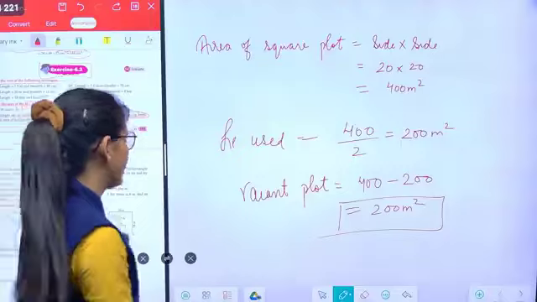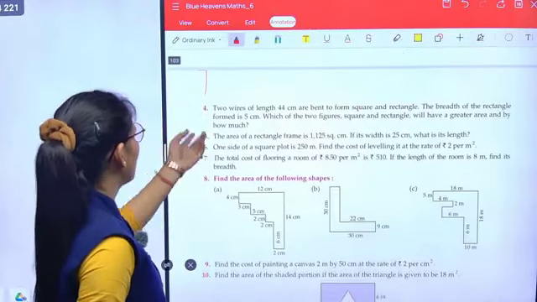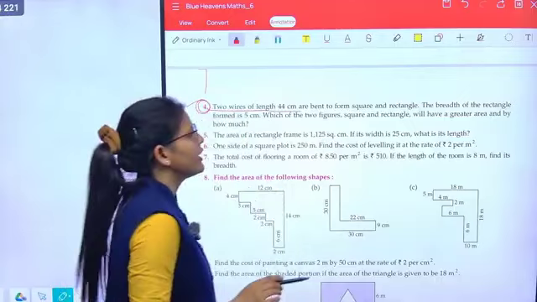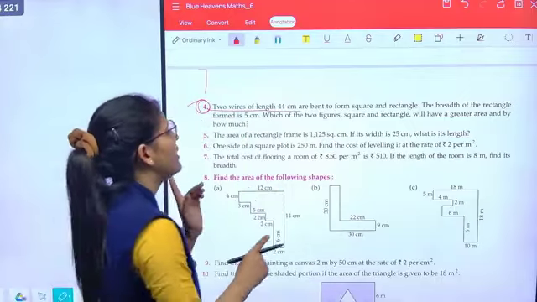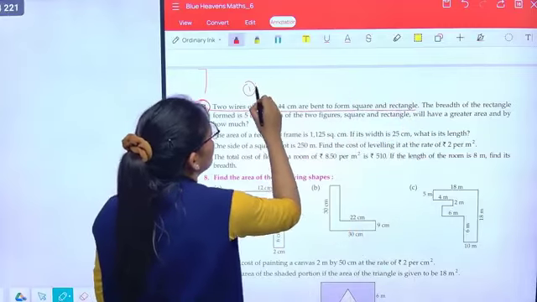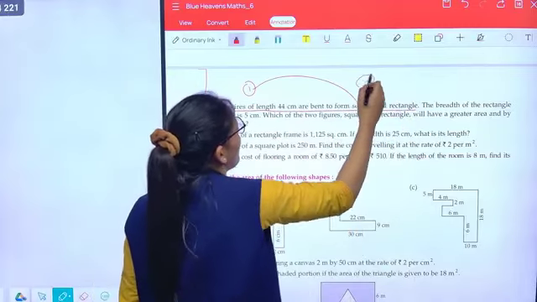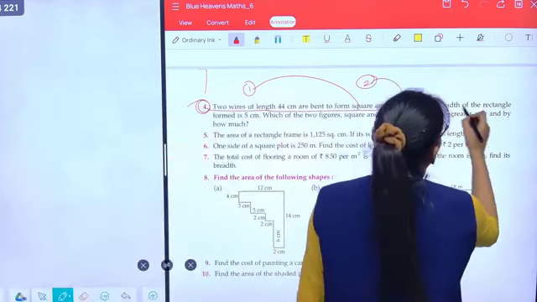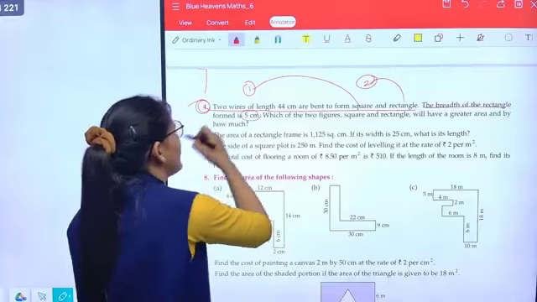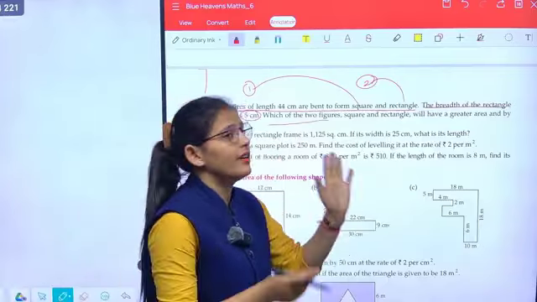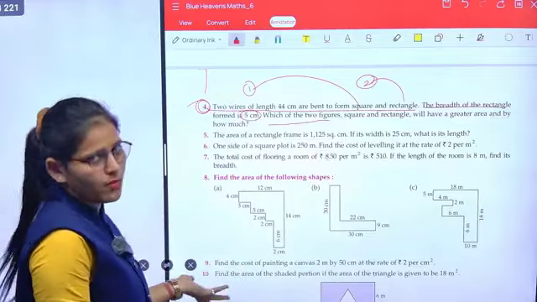Okay class? Now class, come on, question number 4. Two wires of length 44 centimeter are bent to form a square and a rectangle. Class, there are two wires, one we made into a square and the other we made into a rectangle. Okay. Now the breadth of the rectangle is 5 centimeter. Which of the two figures, square and rectangle, will have a greater area and by how much?